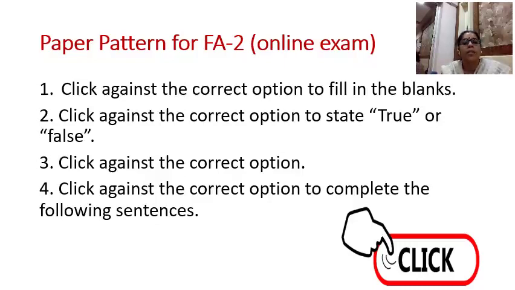Click against the correct option. This question is about name the following. A sentence will be given and you have to name the following. Two options will be there. You have to select the correct name by clicking on the correct option.